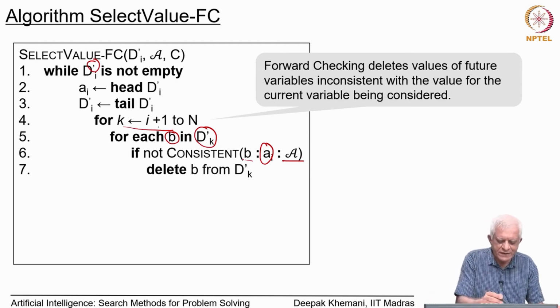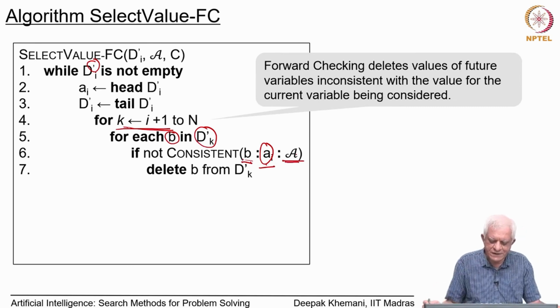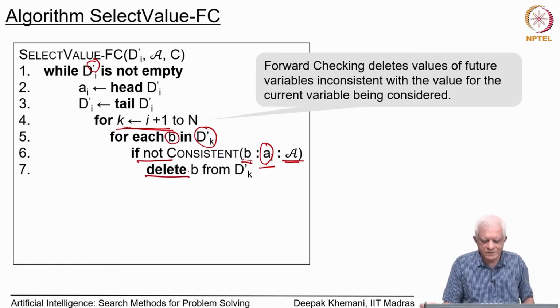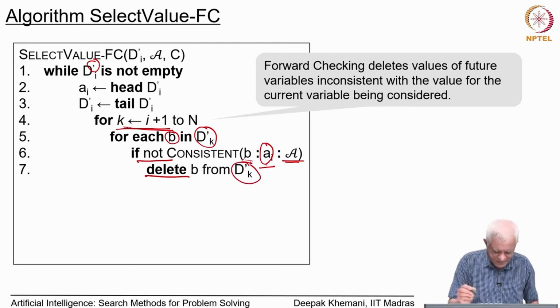It is looking for a value for the ith variable, then it is looking at all future variables which are i plus 1 onwards, and for each row in the future variables, it is considering whether the value b is consistent. If I choose b for the kth row, and if I choose ai for this row, and I already have a past assignment, then will this whole thing be consistent or not? If it is not, then you delete it from the domain of the kth variable.